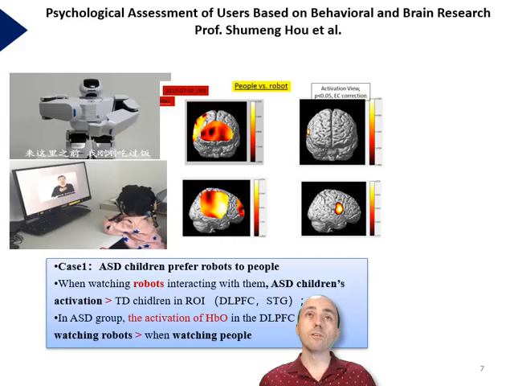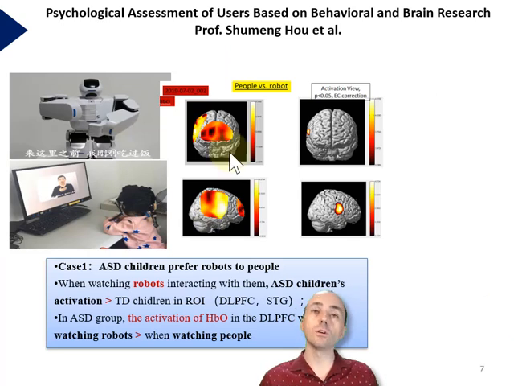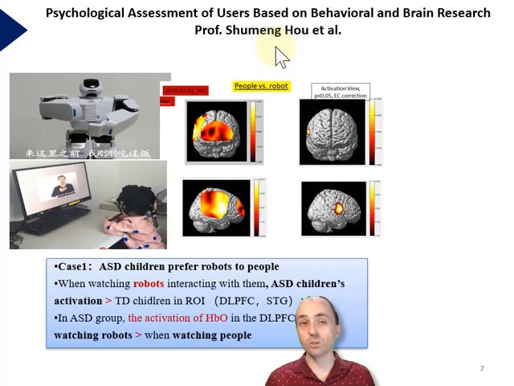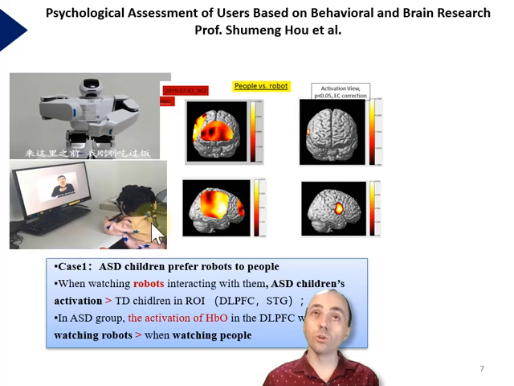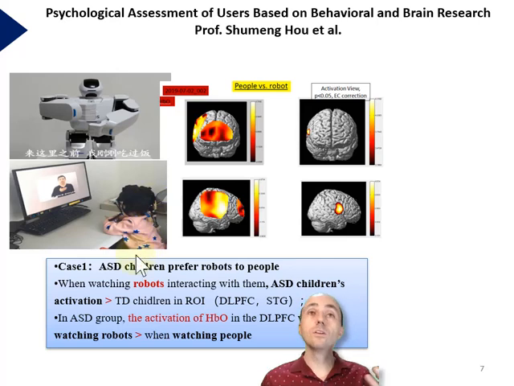Besides that, we have many different projects. Here I just tried to show a few of them. We have also some projects more about psychology, about how the people interact with the computer. So here, for example, Professor Ho studied how some children who have some social problems will interact better with a robot or with a human.